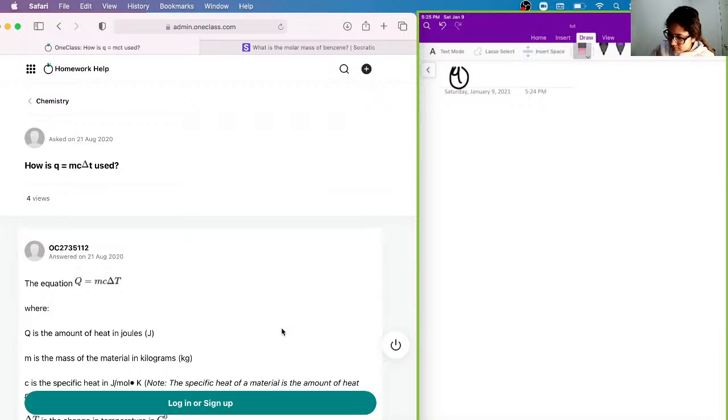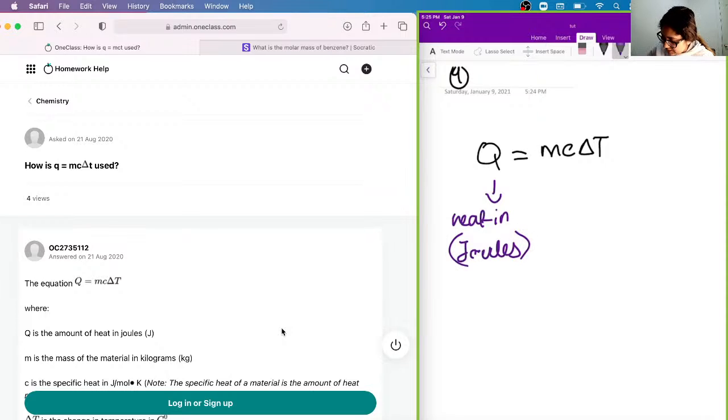So we have an equation where Q is equal to mcΔT, and where Q is the amount of heat in joules, and your m is the mass in kilograms.